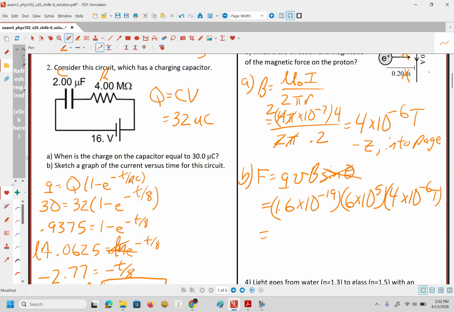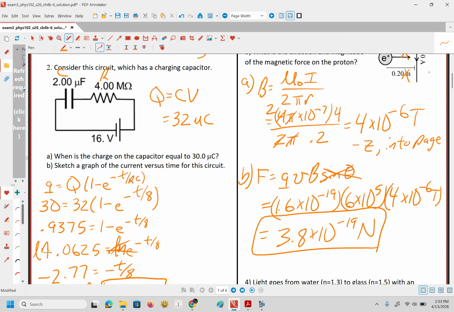And I get, is that right? 3 point. No, that's not right. Hold on. All right, I get 3.8 times 10 to the minus 19. That's in newtons.